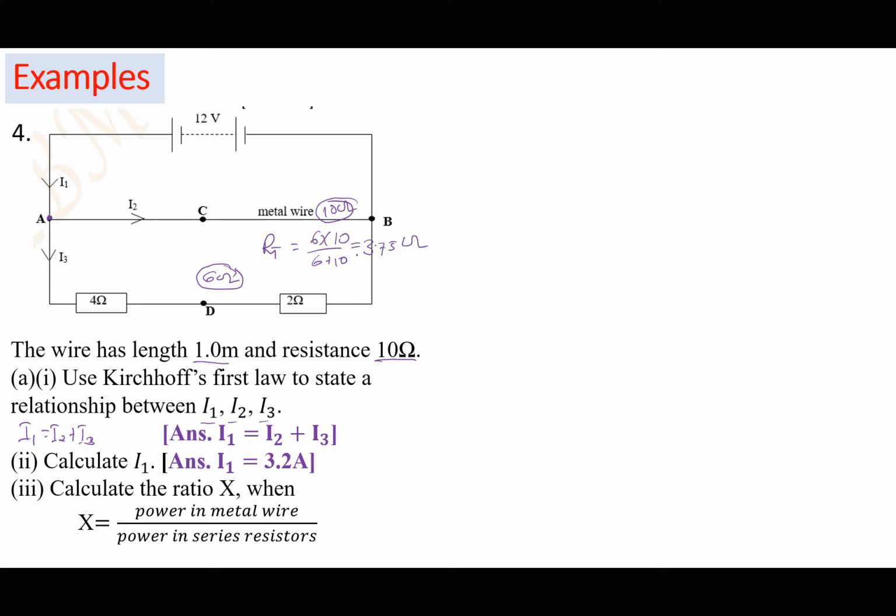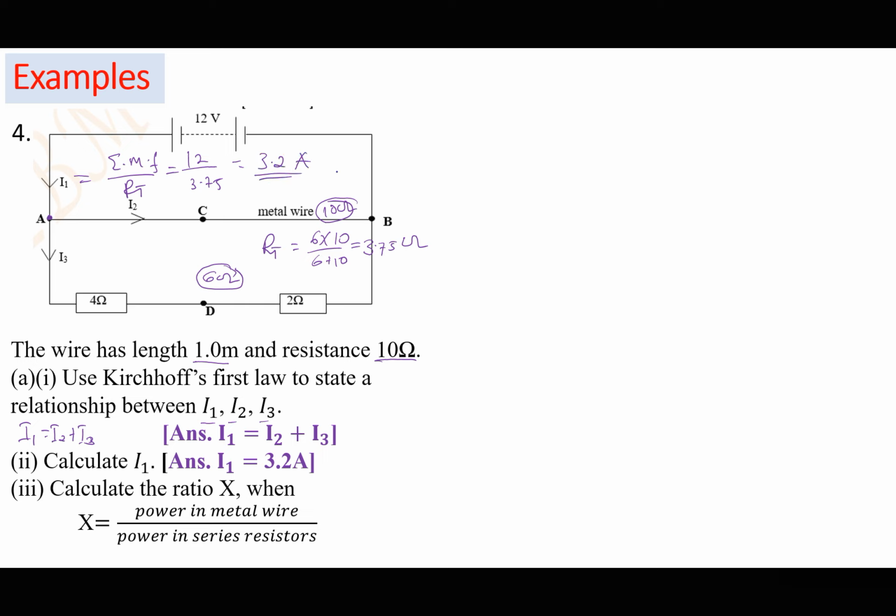Then I1 is total current because it's just coming from the battery. So I1 is going to be the EMF divided by total resistance. So the EMF is 12. Total resistance is 3.75, which I'm very sure should give us 3.2 amperes.